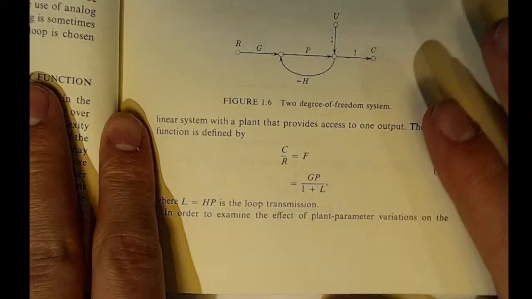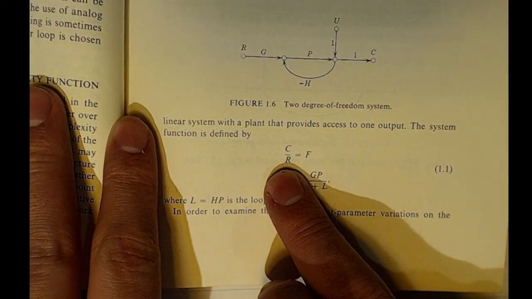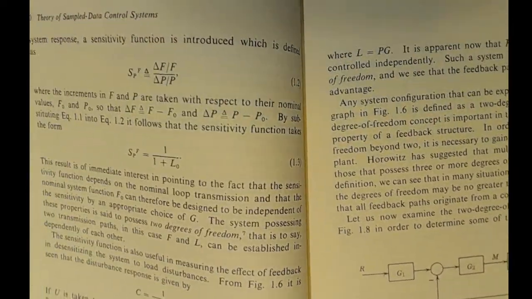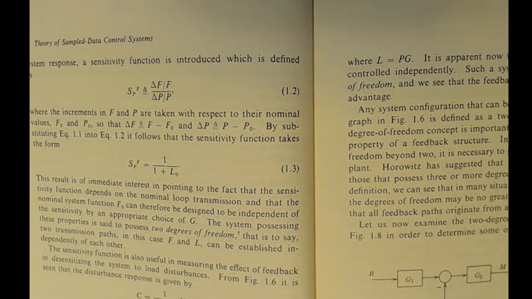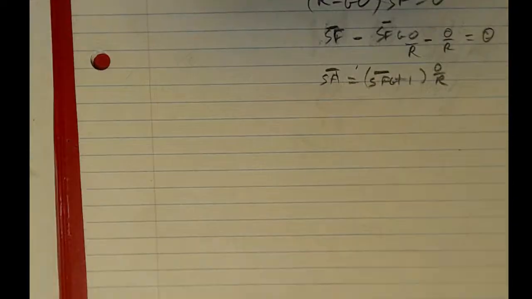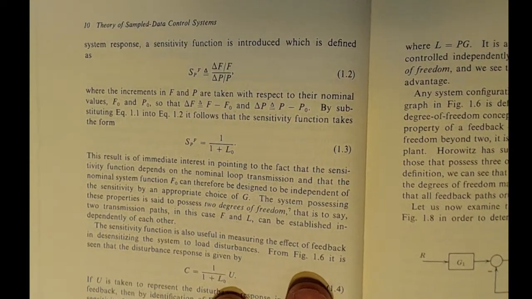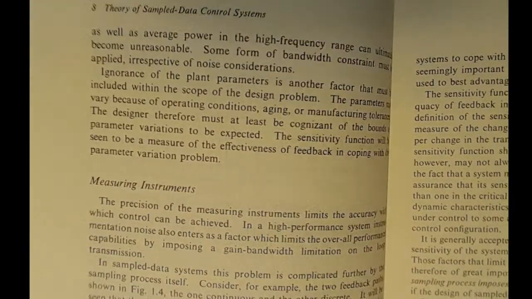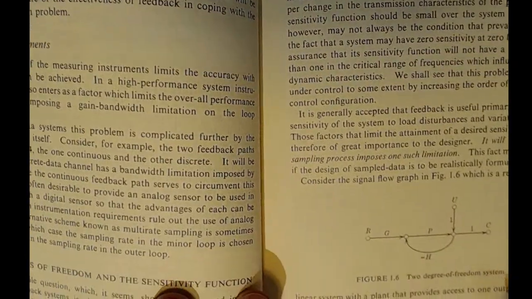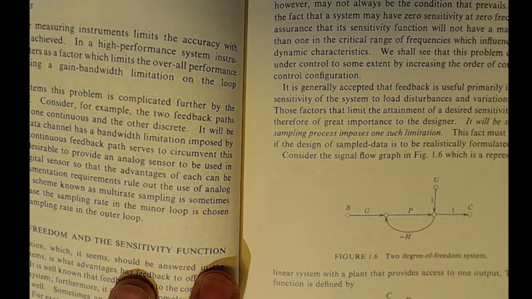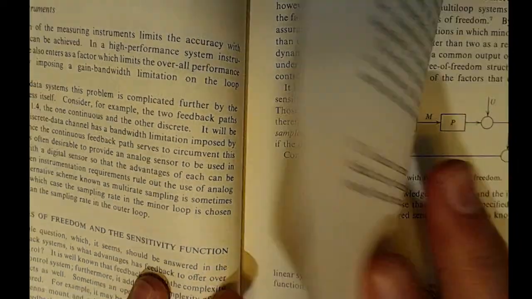So F is this C over R, so change in F over F. Hold on, there's so much, this is such a bad setup, but whatever. Change in F over a change in P over P. What's P again? P is the plant. It's not clear to me where the control system lies in all this, but I don't know.